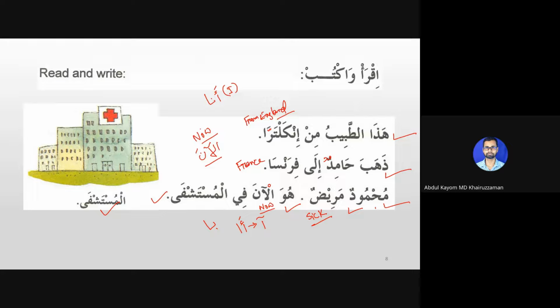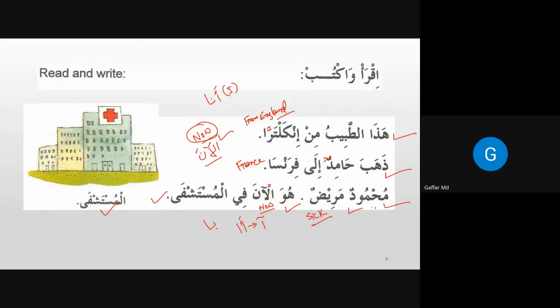Al ana means now. It denotes time, at this point of time. Suppose I'm reading, we can say ana aqra'u al-an, or ana qari'un al-an. So have you understood?